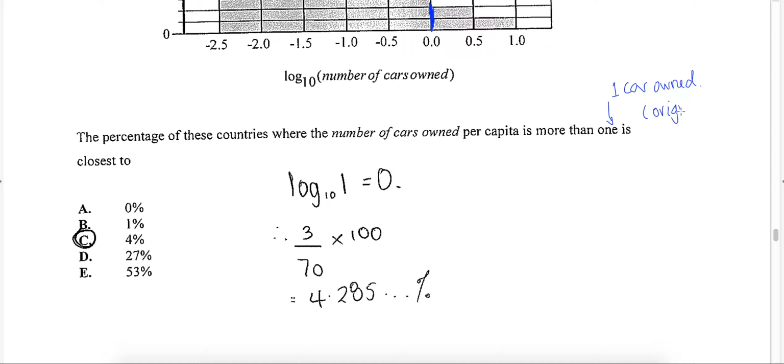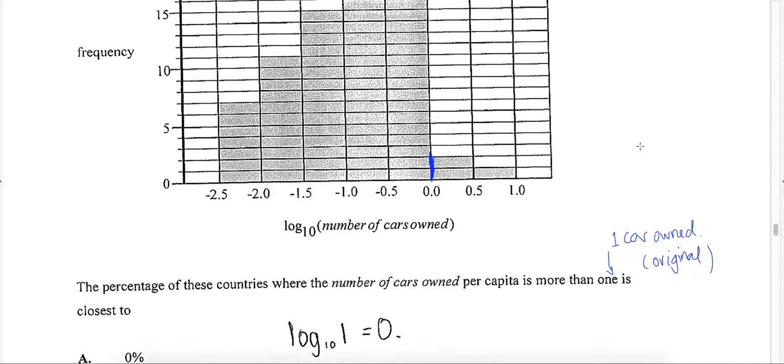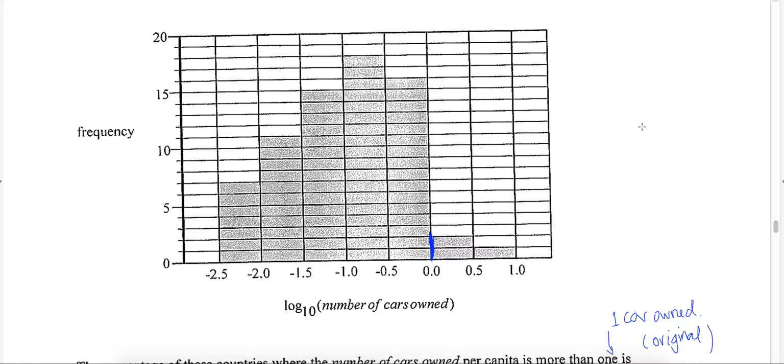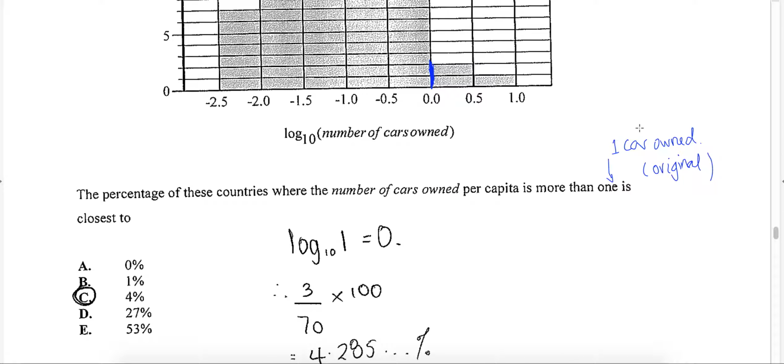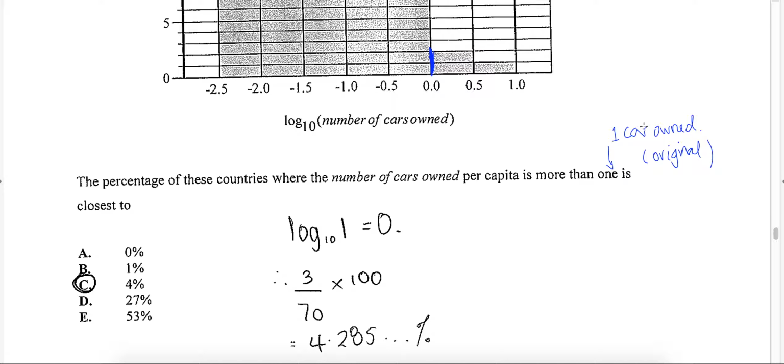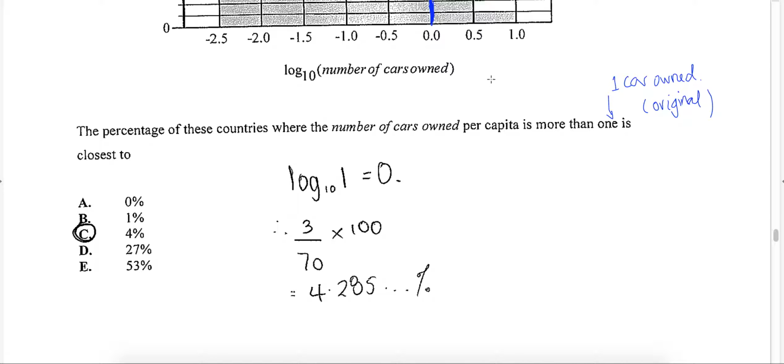Original, not the log. What we need to do to be able to interpret this histogram here is we're going to have to know what is the log of 1. We need to know how would one car being owned as a log look on this scale. So your first step will be to convert to the log.